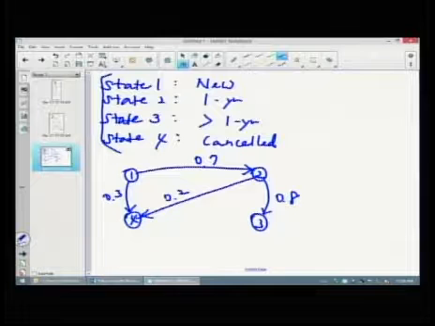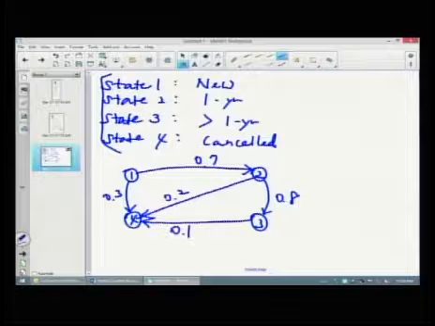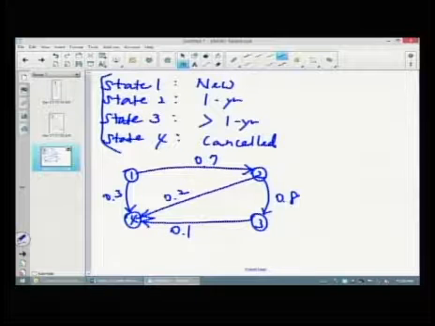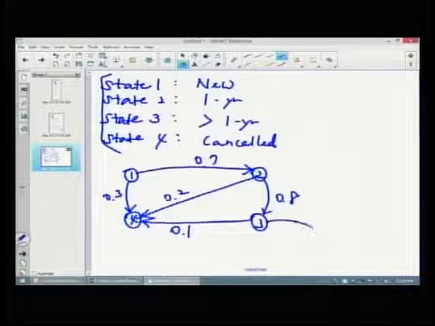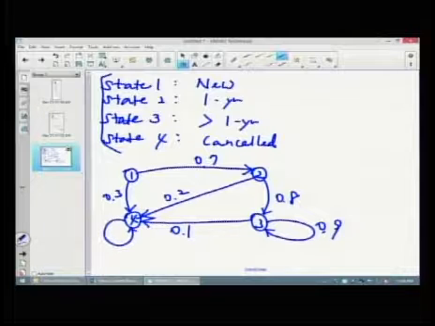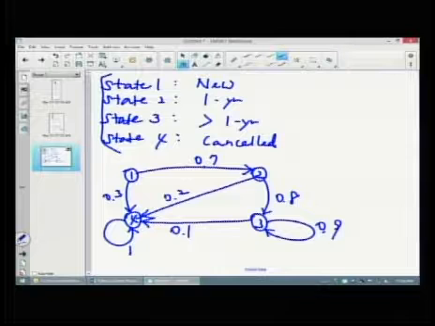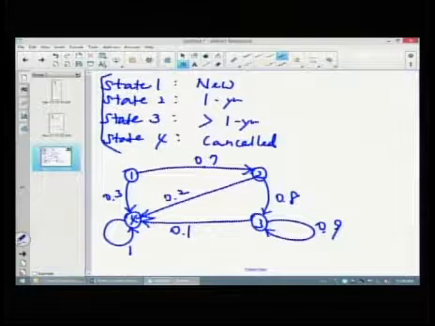And 3 to 4 becomes 0.1, right? And then 3 to 3 becomes 0.9. Is that right? And then 4 to 4 becomes 100%. Simple, right?